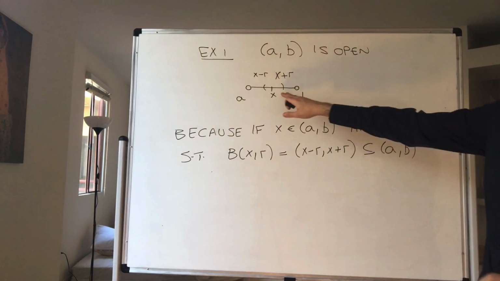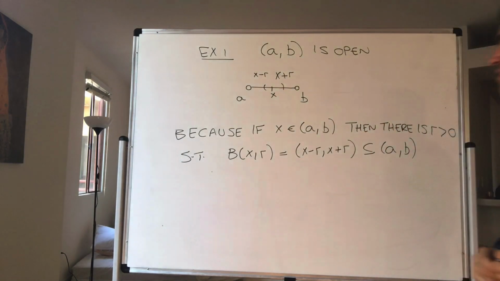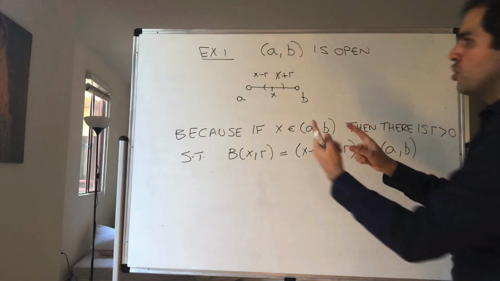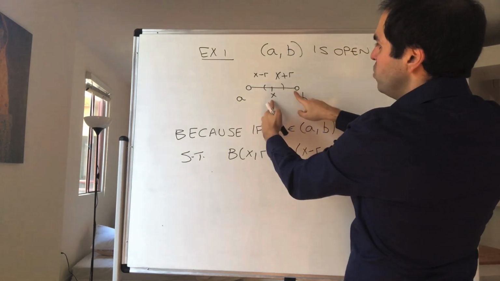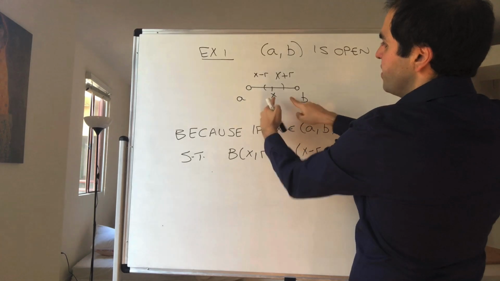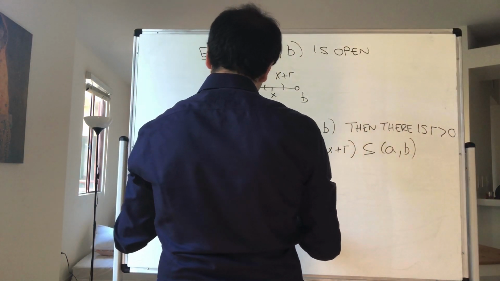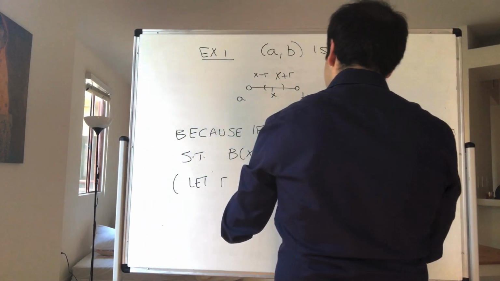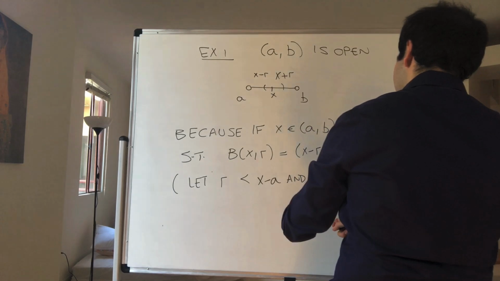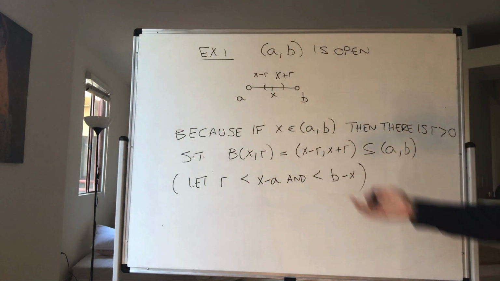So no matter which point you pick in the interval, you can always fit a small ball inside it. And if you're curious what r is, well, take the smaller one of those two distances, x - a and b - x, namely let r be less than x - a and less than b - x, right? You can show that this does the trick.